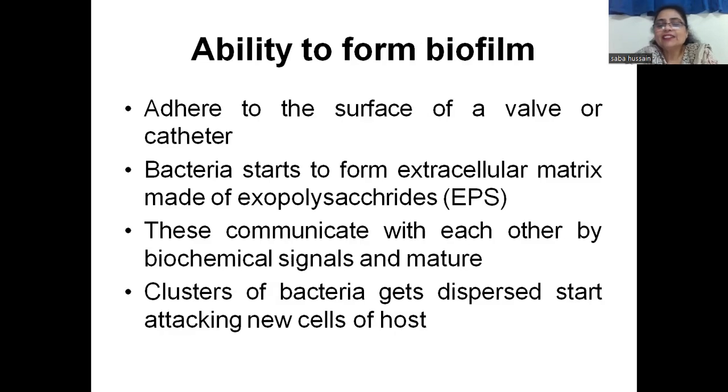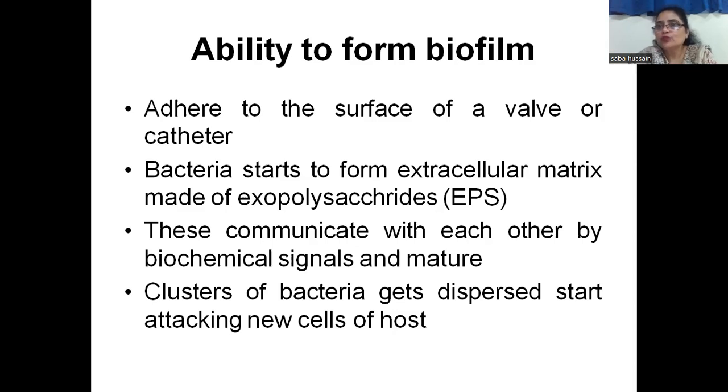Then this bacteria also has the character to form biofilm. How is the biofilm formed? Because it's a common cell present on the skin, and when certain prosthetics or a valve or catheter is introduced inside the body, this bacteria reaches and starts growing near these inserted things, and then it starts forming an extracellular matrix, which is made up of exopolysaccharides.